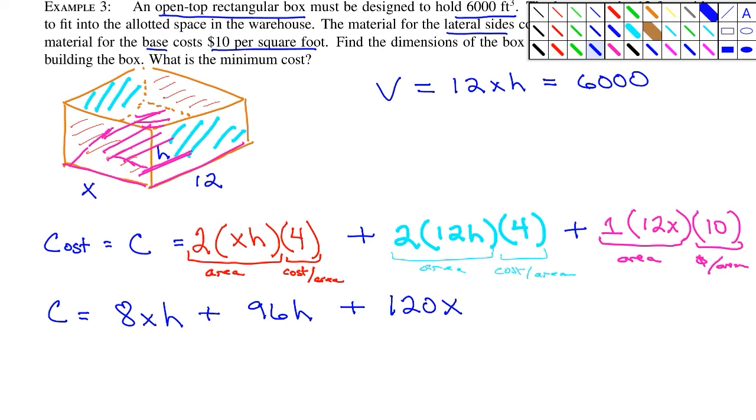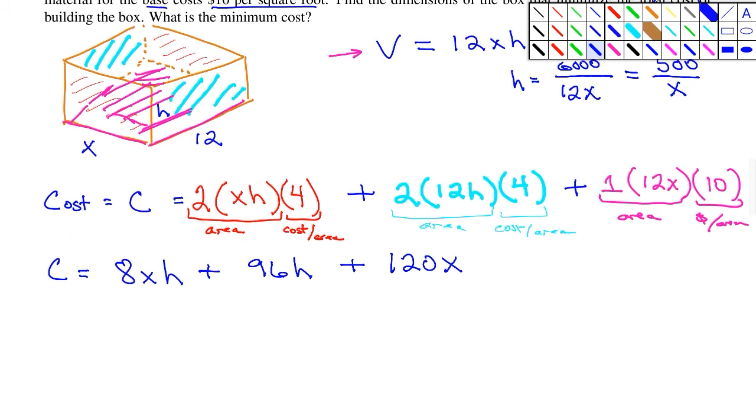So I'm going to go back to my volume function, and I'm going to solve this for h. So h is equal to 6,000 divided by 12x, and 6,000 divided by 12 is 500. So this is 500 over x. And I'm going to substitute that into my cost function.